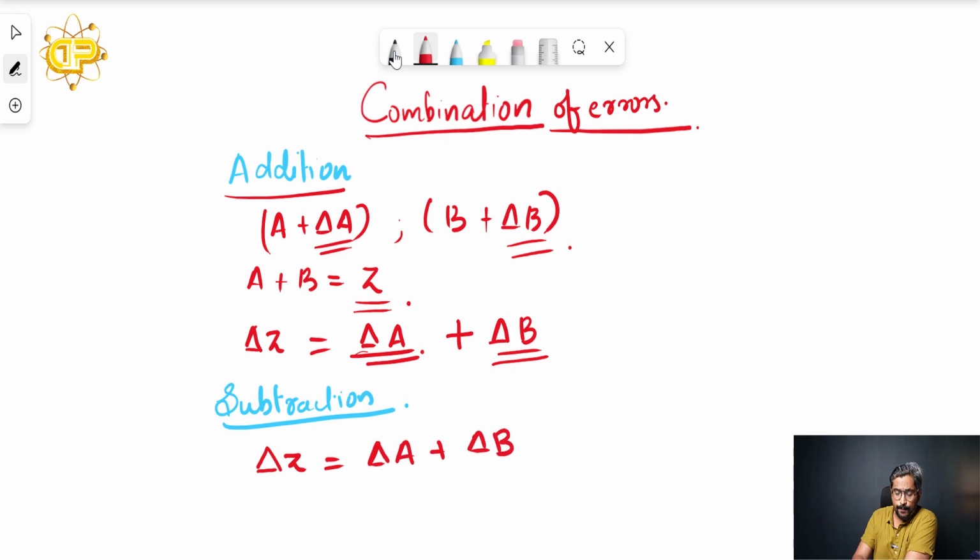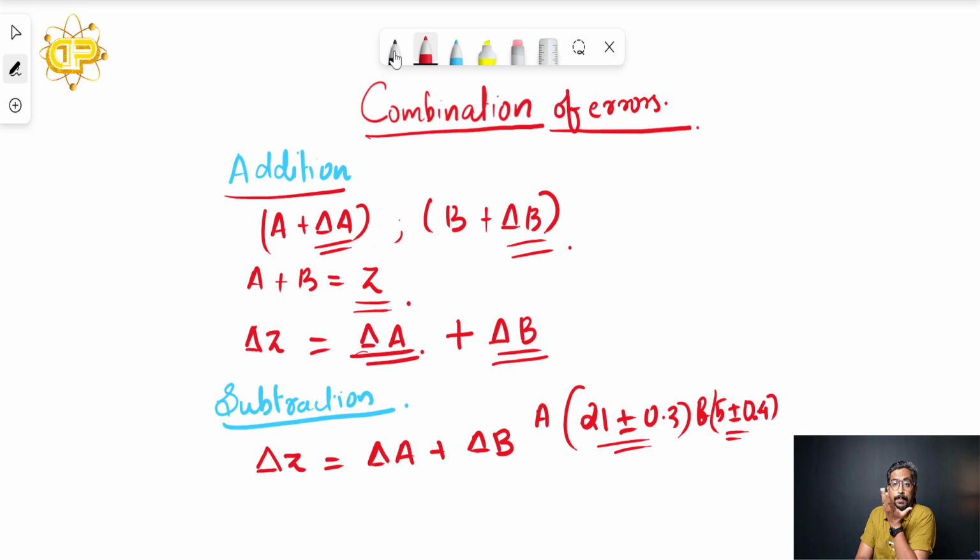For example, if a length is 21 plus or minus 0.3 and another is 5 plus or minus 0.4, let this be A and let this be B. Now, what will be the subtraction? Z plus delta Z will be 21 minus 5, which is 16, right?